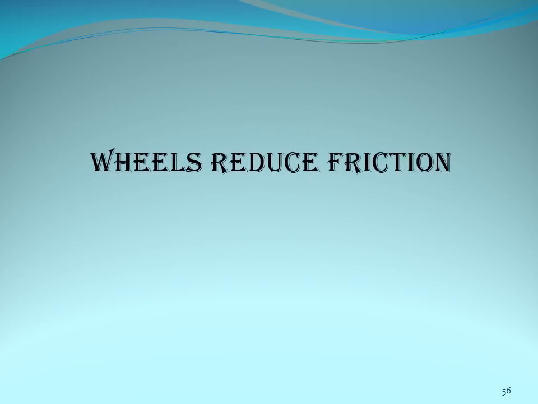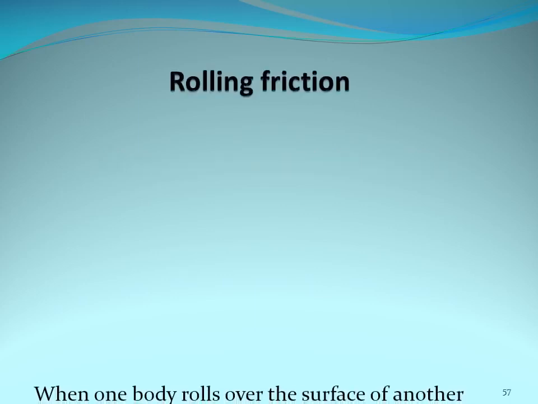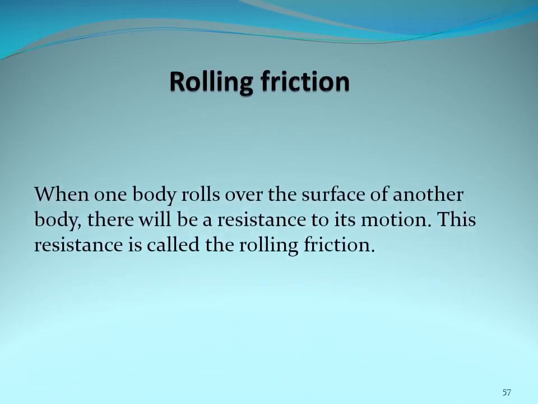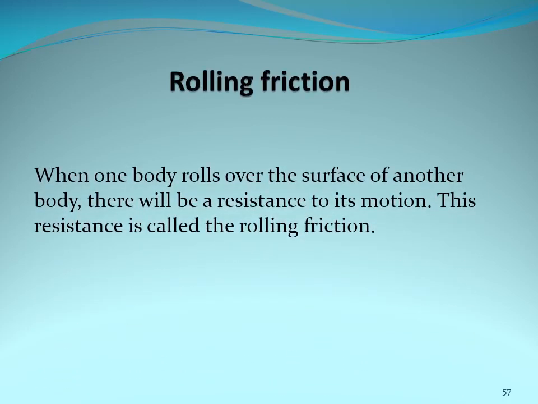The next topic is how wheels reduce friction. How? When one body rolls over the surface of another body, there will be a resistance to its motion. This resistance is called rolling friction.